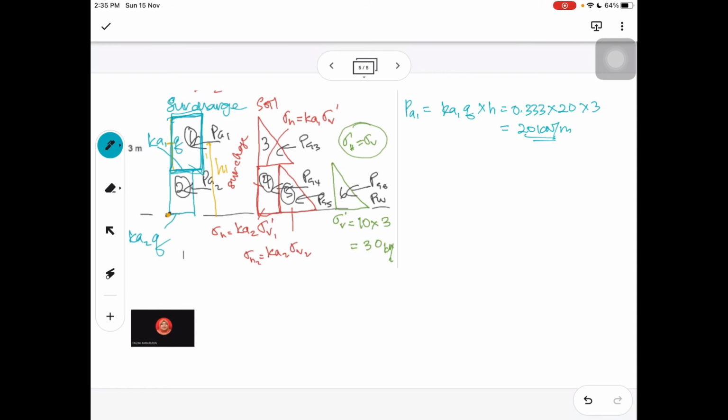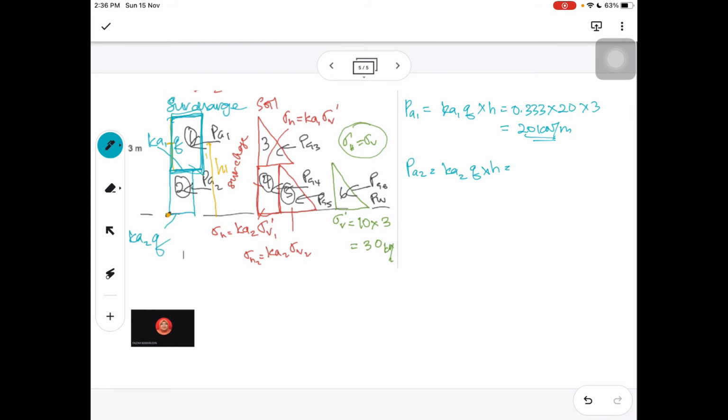Okay, for the second rectangular, so we're going to calculate PA2. So calculate the area of this rectangular number 2. So PA2 equals the base. Base is KA2 Q times the height.